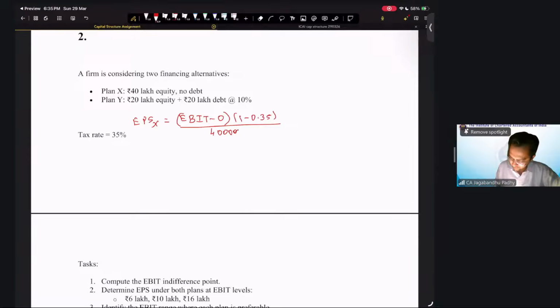Let's take it as 4 lakh. This should be equal to EPS of plan Y.